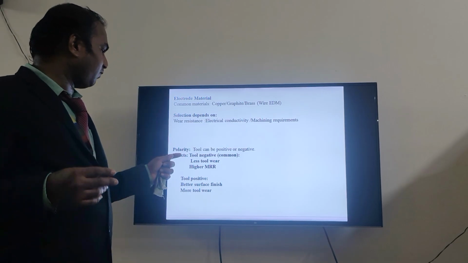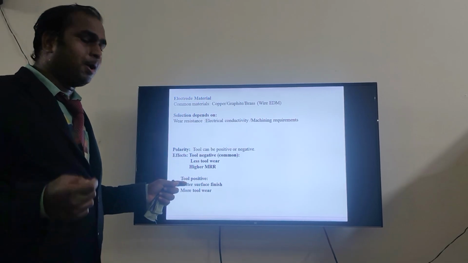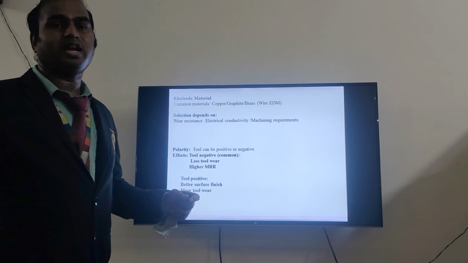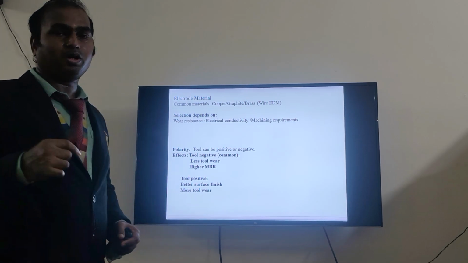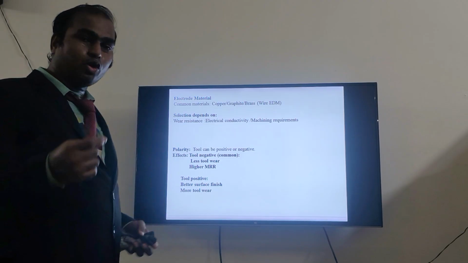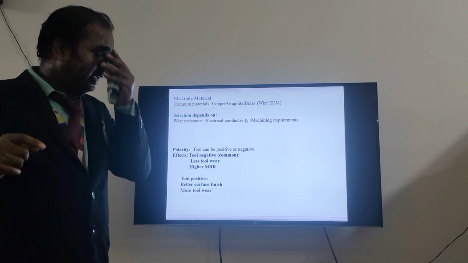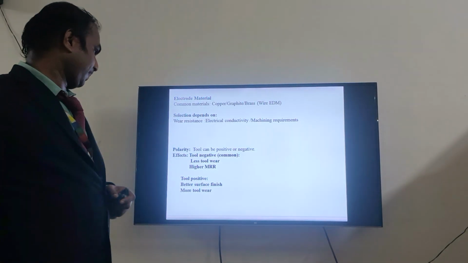Whenever the tool is connected with negative polarity, the material removal rate is significantly higher compared with the other case. Next is positive polarity, which has a very good surface finish with very little tool wear.